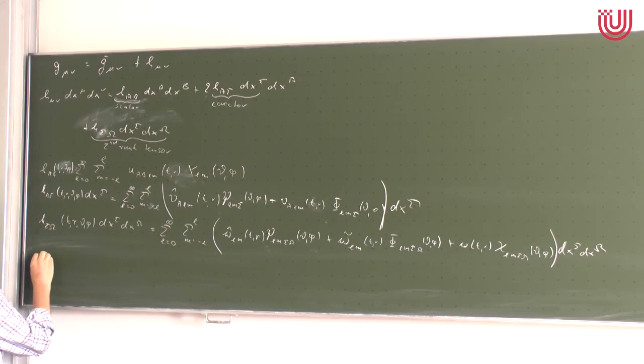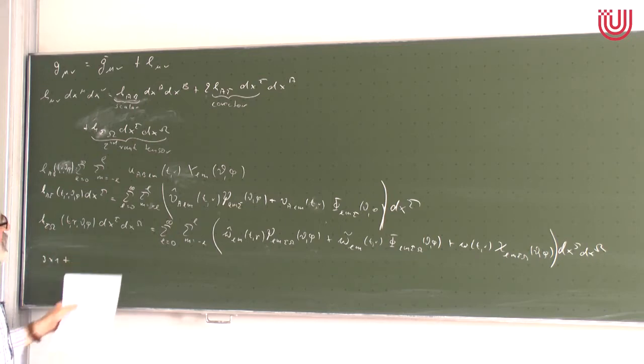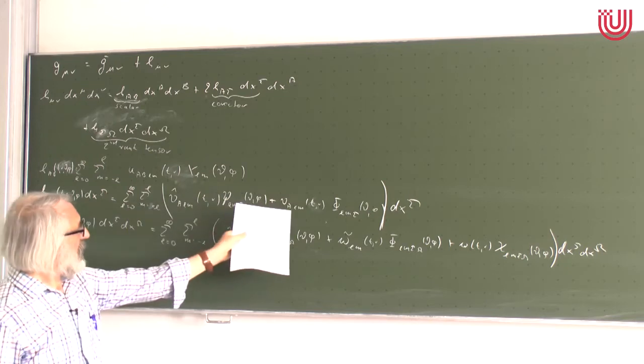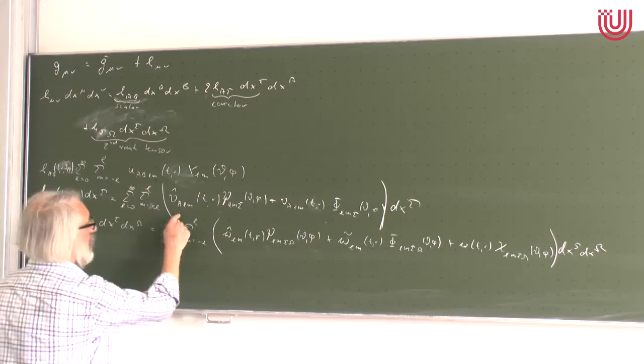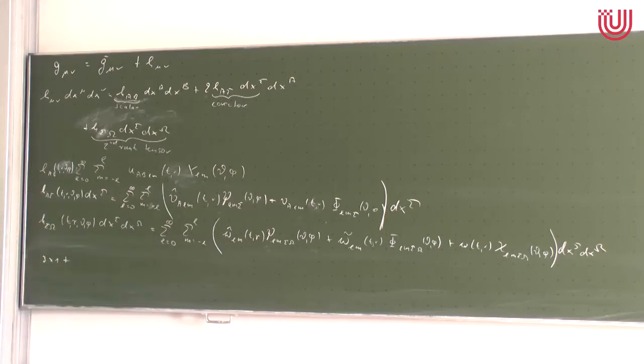So I have 3 times 1 from the scalar field. Yeah? These are scalar functions, and I have 3 scalar functions. Then here I have how many? A takes the values T and R. Here again, I have 2 functions, and for each the value A takes 2 values, so I have 2 plus 2.